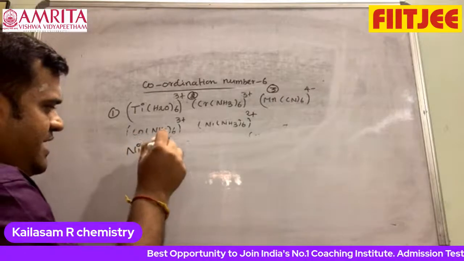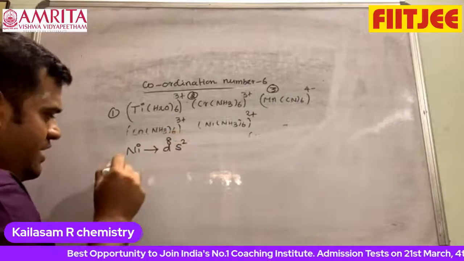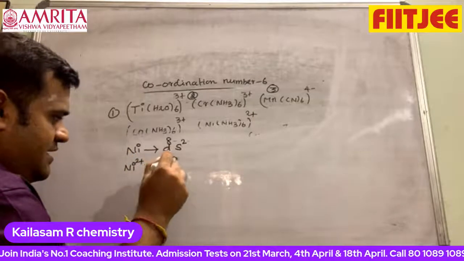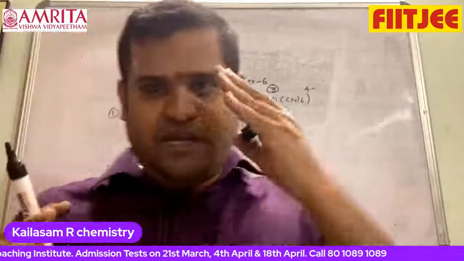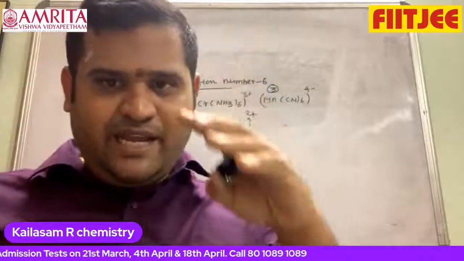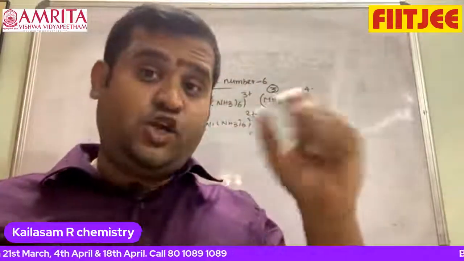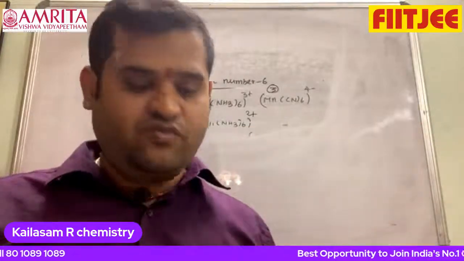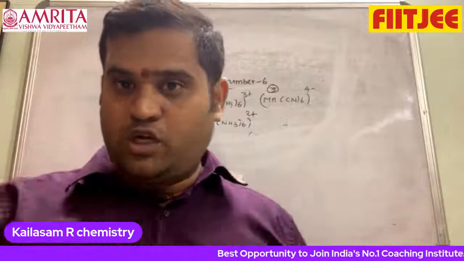I can write nickel as d8s2, nickel 2+ as d8. I told you, if d8, d9, d10, irrespective of the ligands, it always forms what we can say is an outer orbital complex.